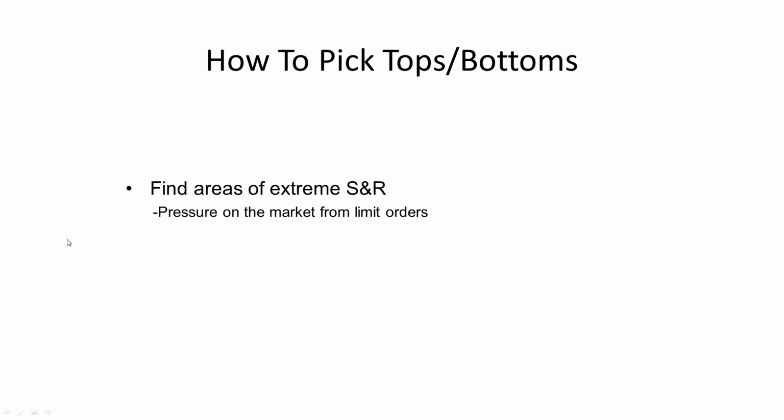What you need to look for here is pressure on the market from limit orders. That's the extreme support and resistance I'm talking about. I'm going to show you how to find limit orders on the market. If you've watched any of my past trainings, we've talked a lot about market sentiment, and we're definitely going to go into that today as well.